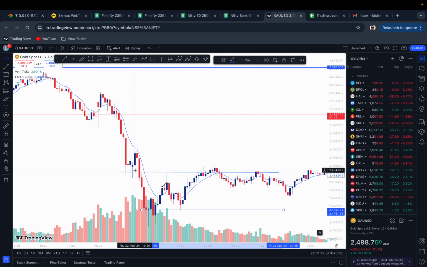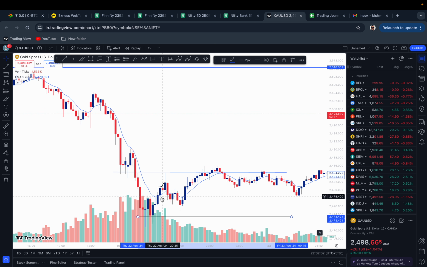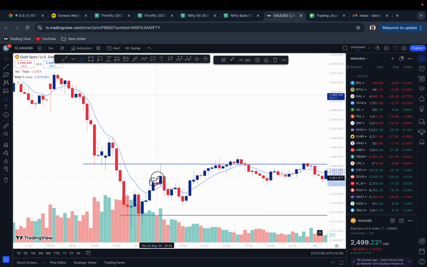See, here I have given the resistance and the support line. The market was in a downtrend movement. Then it took the support and it went up. And again you can see a doji candle formation, giving me confusion that maybe the market will be sustaining and continuing in the bull movement.